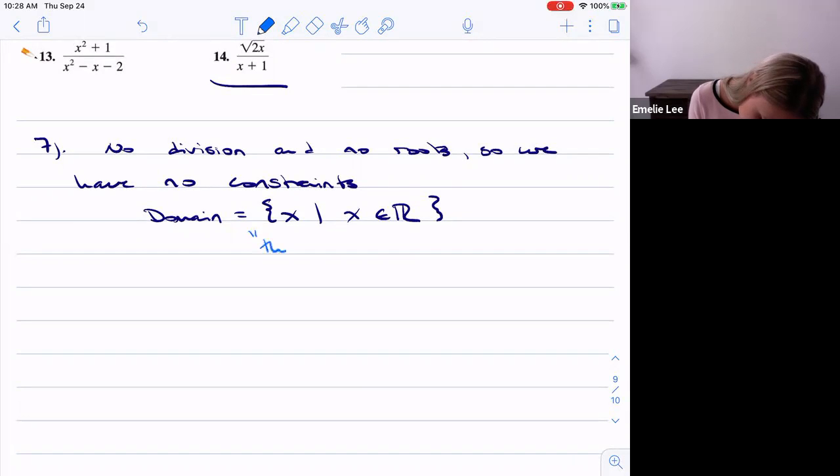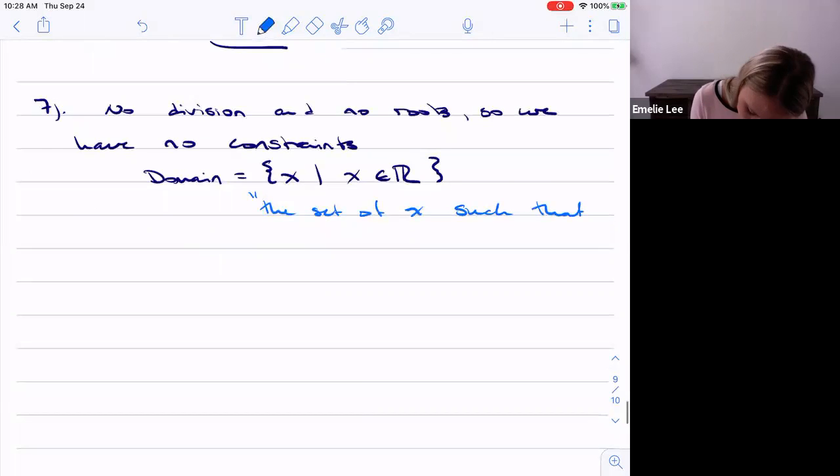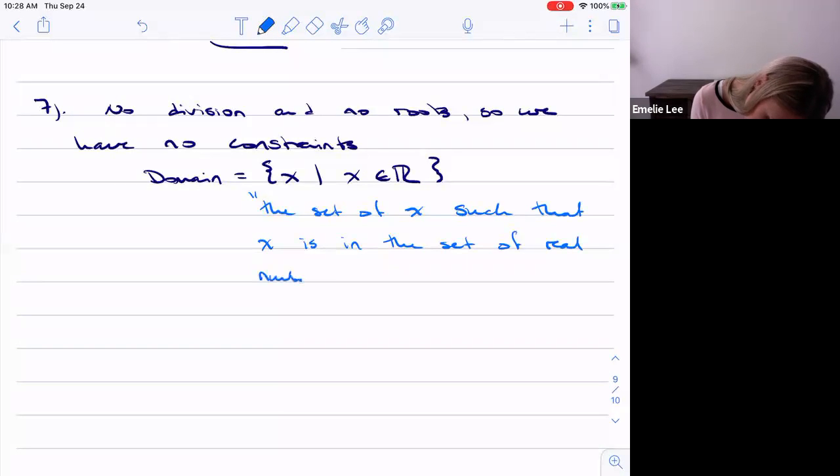This is the set of x such that x is in the set of real numbers, right, which is just any number that you can think of is allowed. Okay.